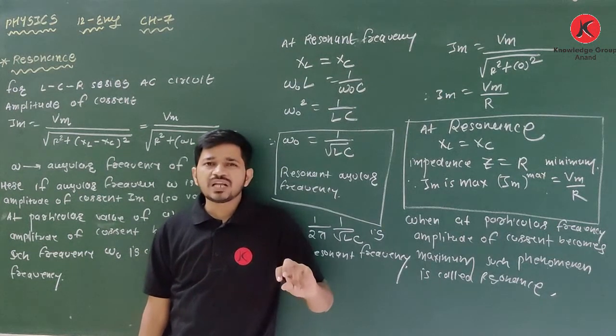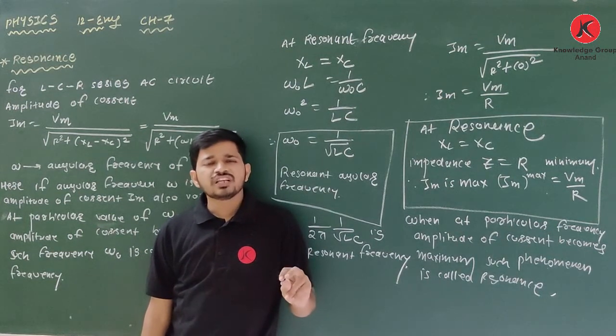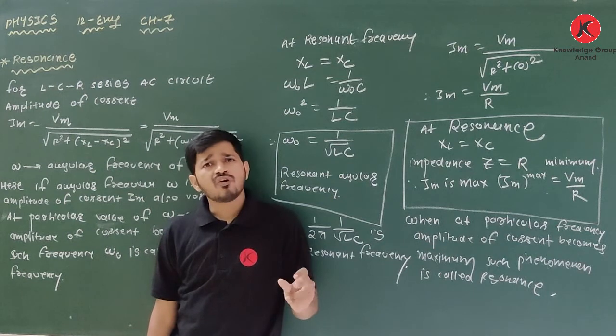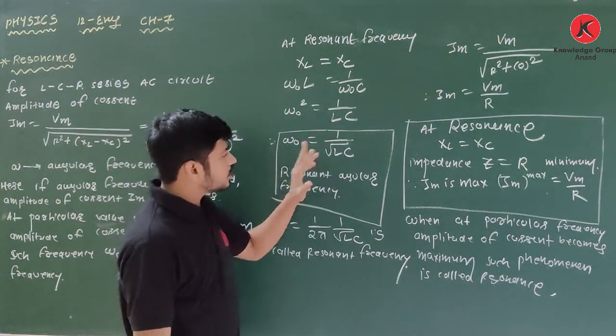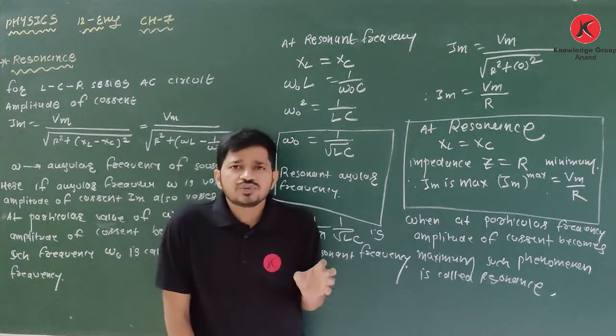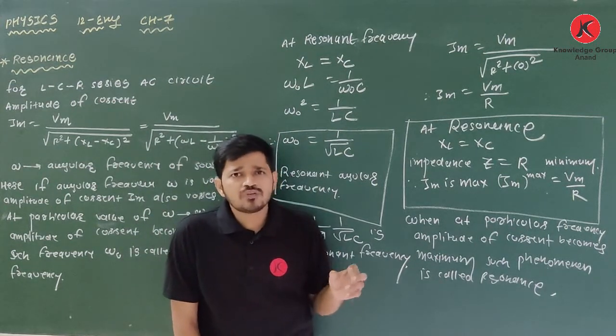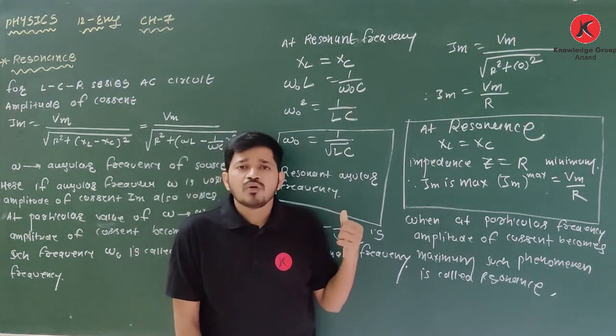We have to change the value of the capacitor. So if we change the value of the capacitor, obviously according to this equation, omega 0 is equal to 1 upon under root LC. If we change the value of capacitance, the value of frequency changes.